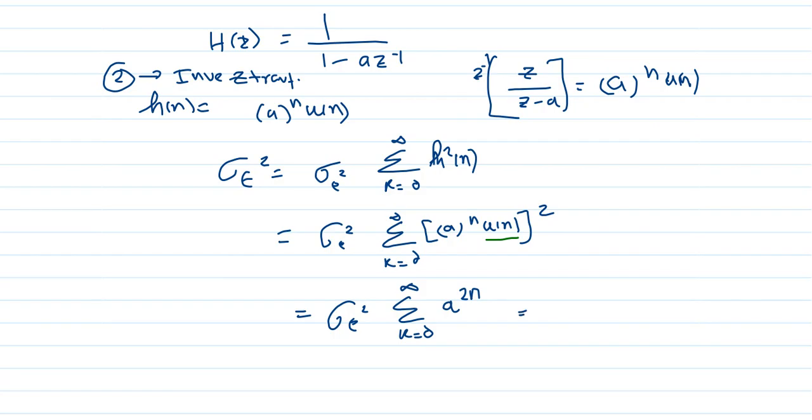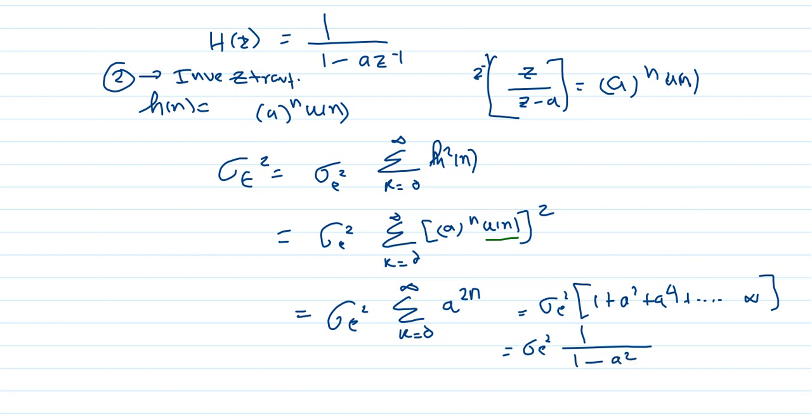Now if you expand this, it is an infinite geometric series, 1 plus a square plus a power 4, and it goes on up to infinity. So for this infinite geometric series, we have the formula 1 by 1 minus a square. Okay, so this is my answer for this challenge.